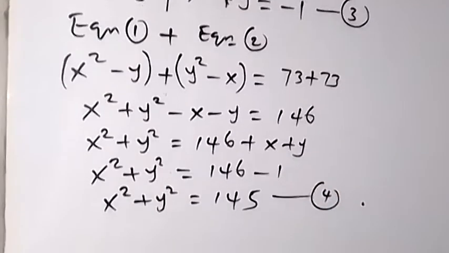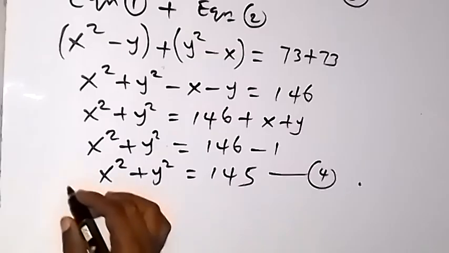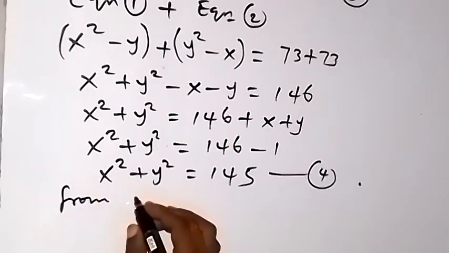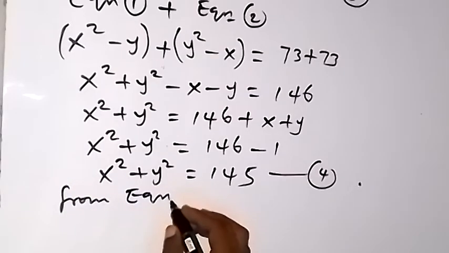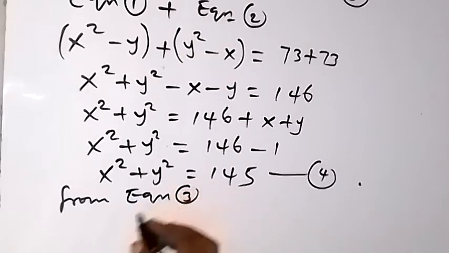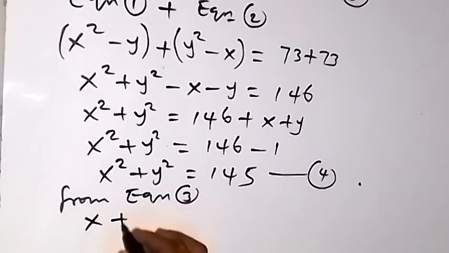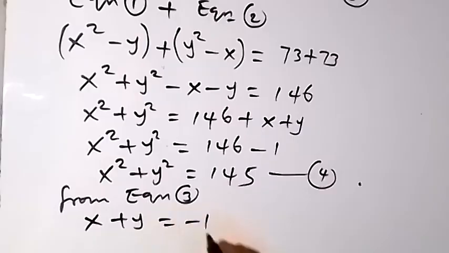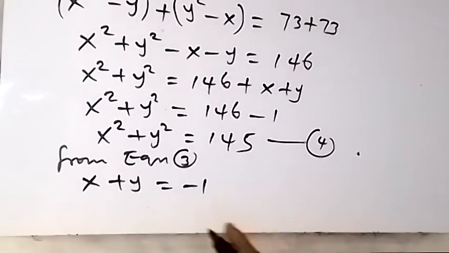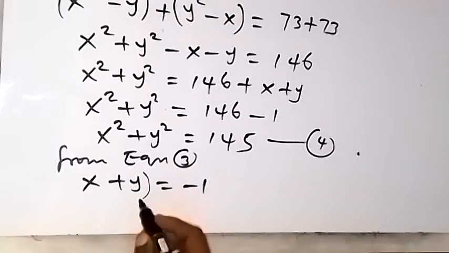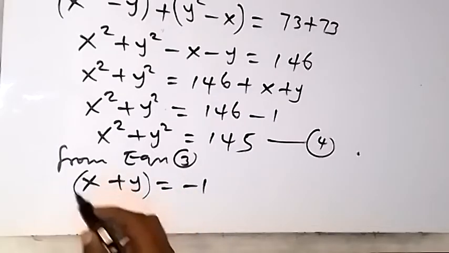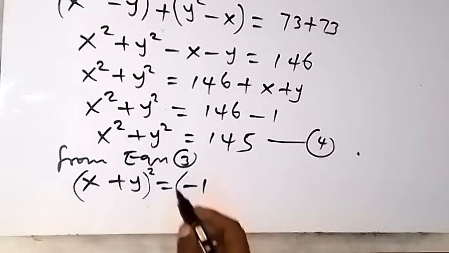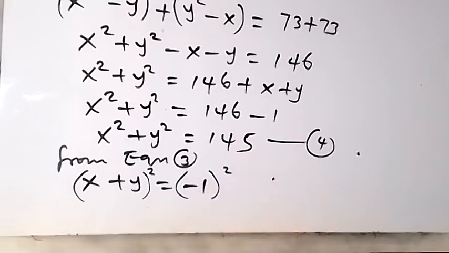Then from equation 3, we have x plus y equals minus 1. Then we can square both sides from here, so that when we square this side, we have everything squared, and we square minus 1, we have this one squared.